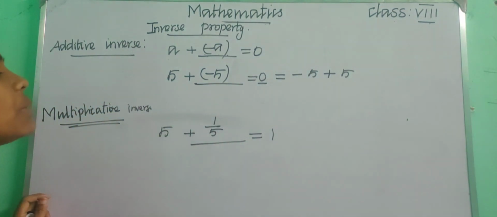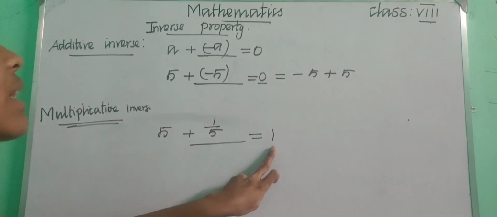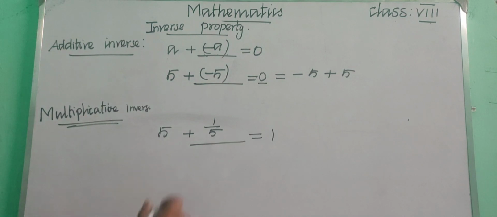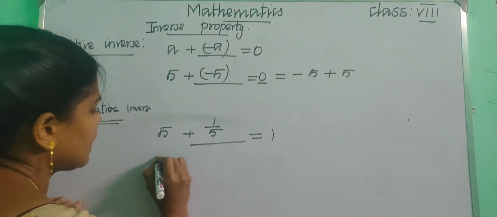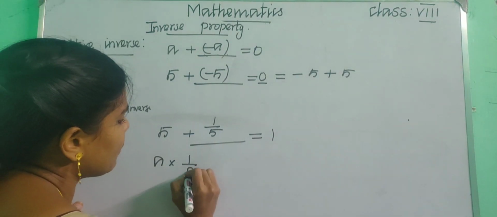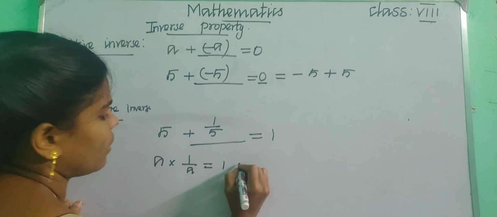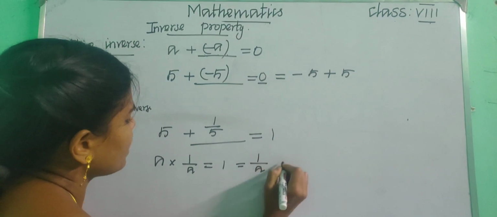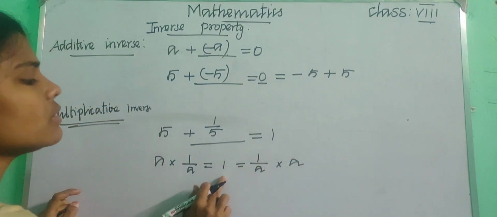We need to write the multiplicative inverse. So this is the multiplicative identity and this one is the multiplicative inverse. So we can write A into 1 upon A equal to 1, and also 1 upon A into A equal to 1.